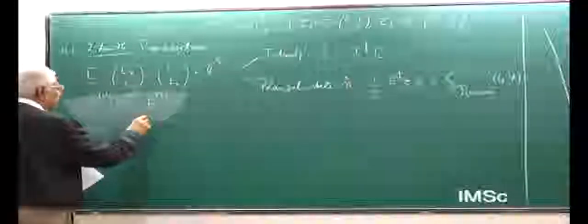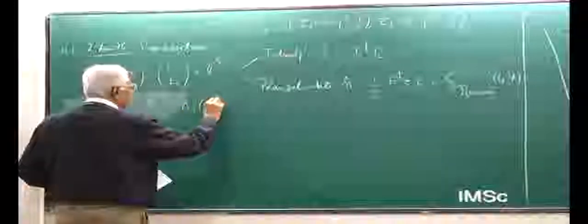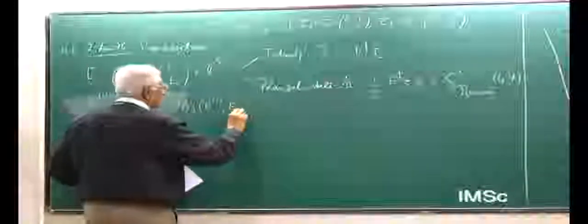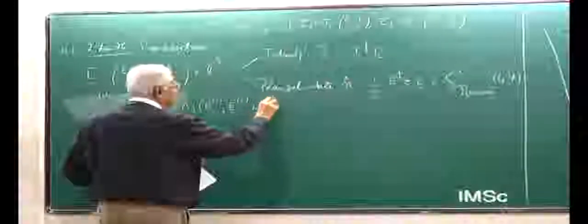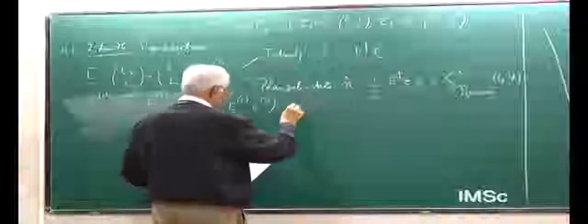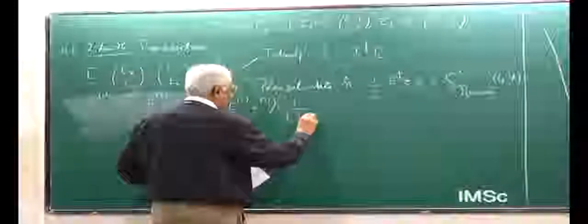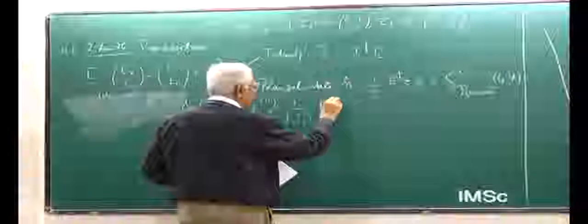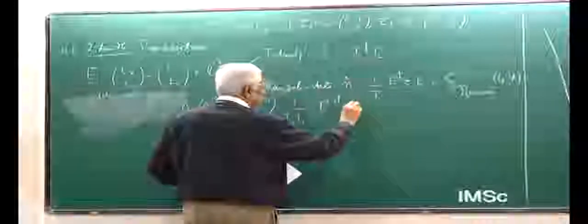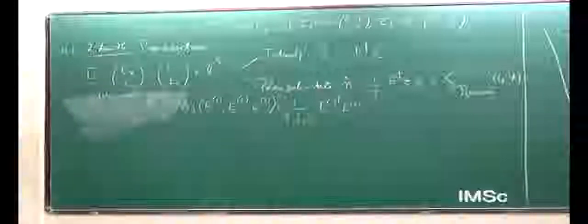And let us construct the corresponding Bargmann invariant: E1, E2, E3, and for normalization, I divide by the product of the 3 intensities. E1 dagger E2, that is this factor in this example.